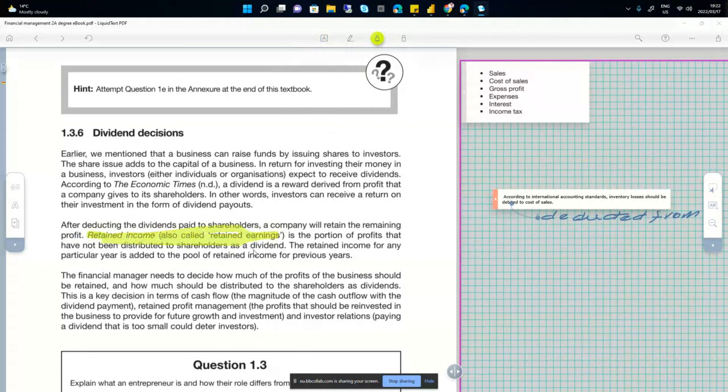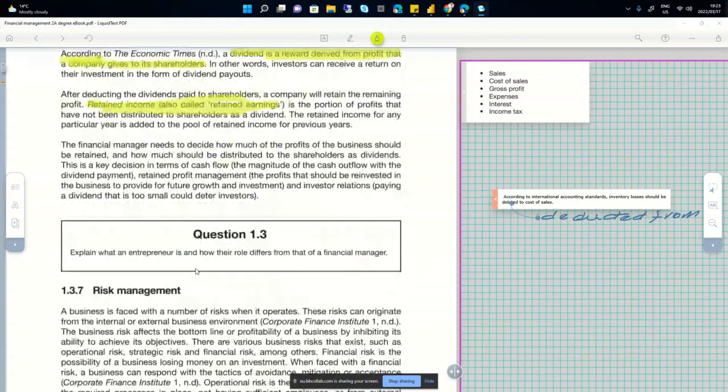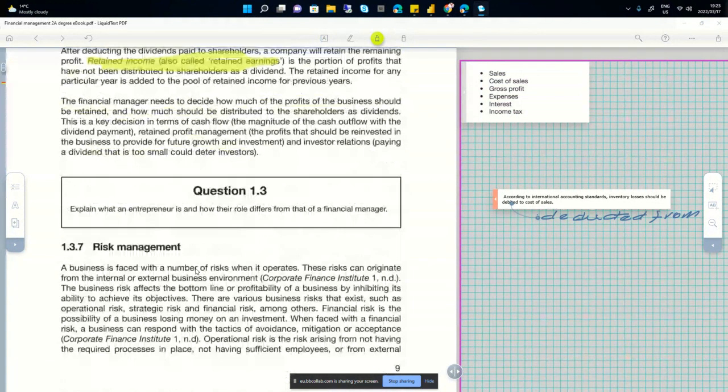So there's one portion of the profit that could be distributed as a reward to investors or shareholders. The company will give it to its shareholders. And then there is also a portion that could be retained by the company.